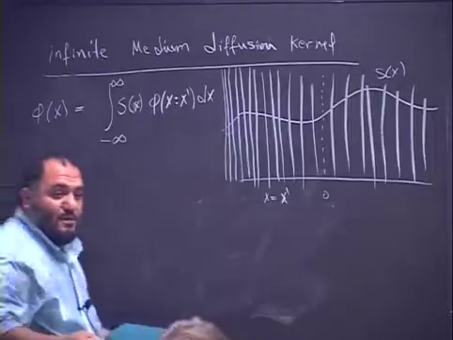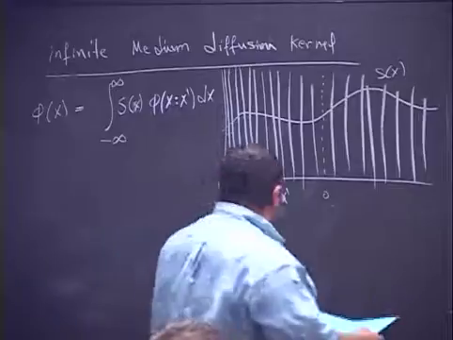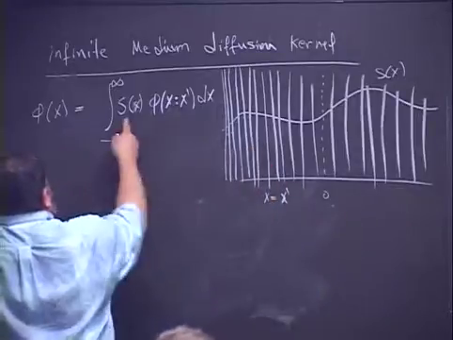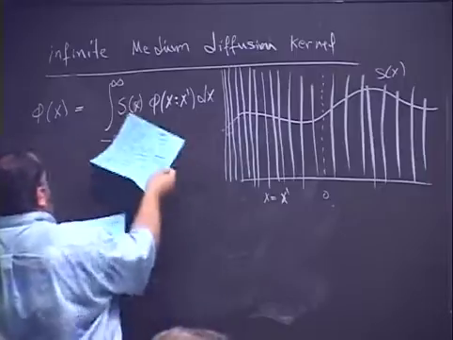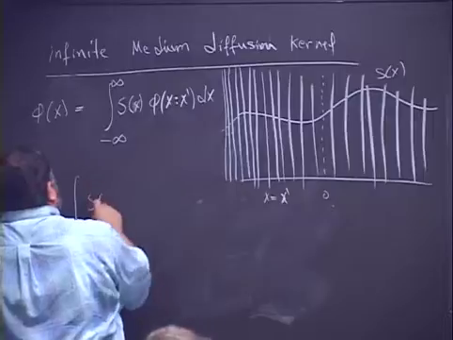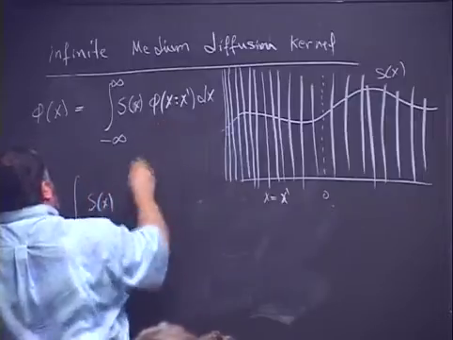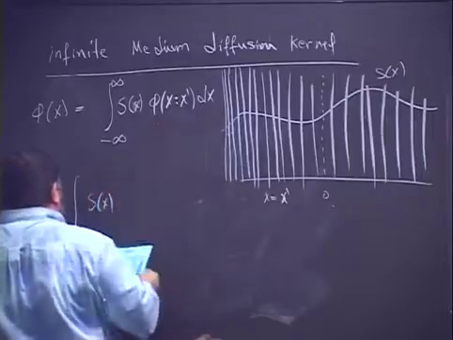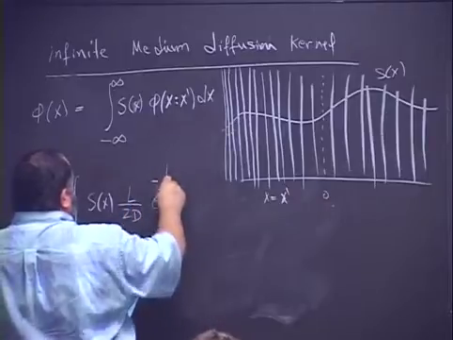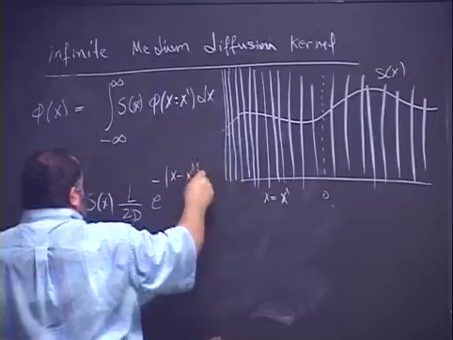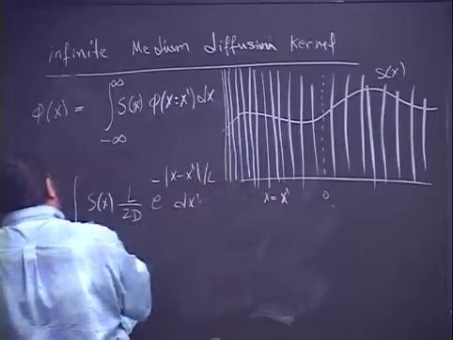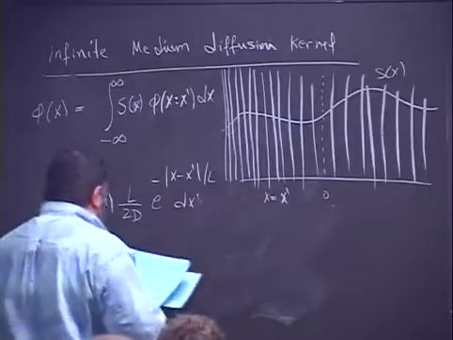Okay, guys. So if it is S of x, this will be just L over 2D e to the power of minus |x prime| over L dx prime from negative infinity to plus infinity.